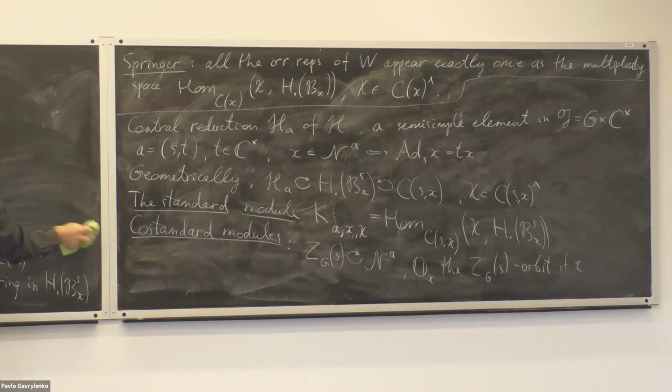It's not something like a Luna slice from invariant theory. So a slice to this orbit, through X, in classical topology.